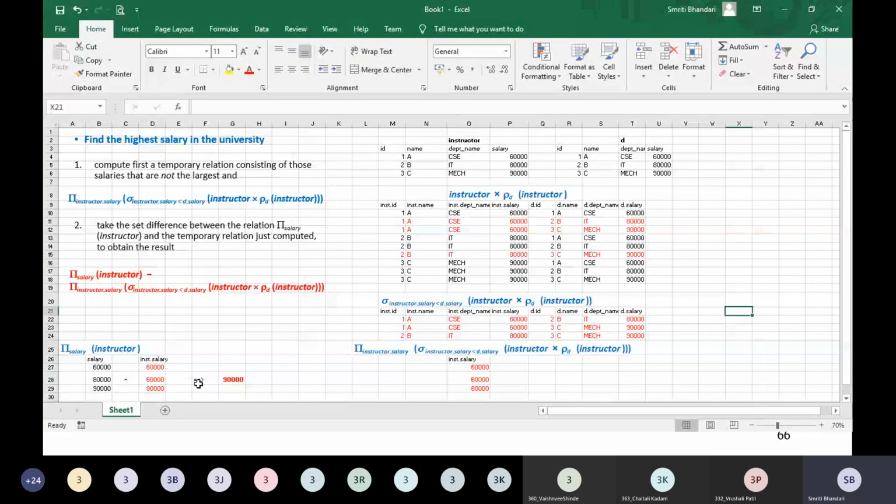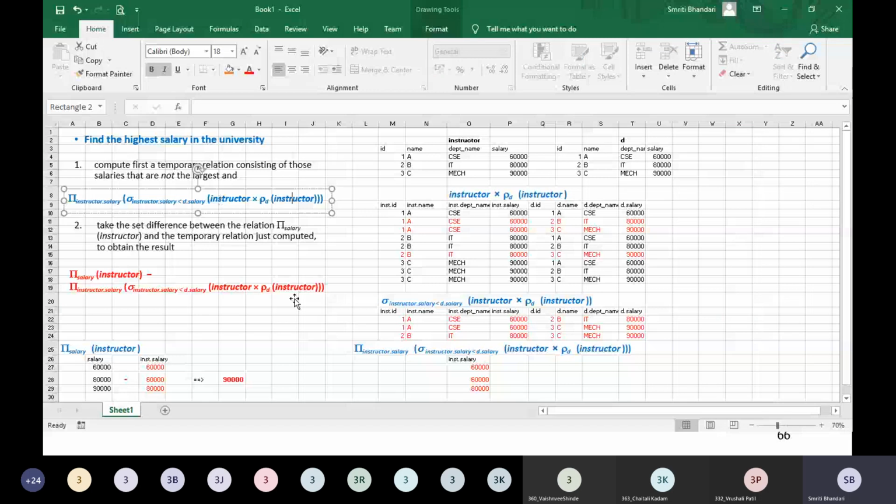Okay, so I hope you must have understood what we have done, how we thought of it. I don't say that this is the only solution, right? We may have different solutions as well. Okay, but this is one solution that we may come up with, and this solution I have demonstrated typically to illustrate this rename operation.